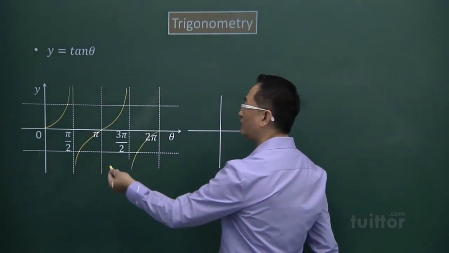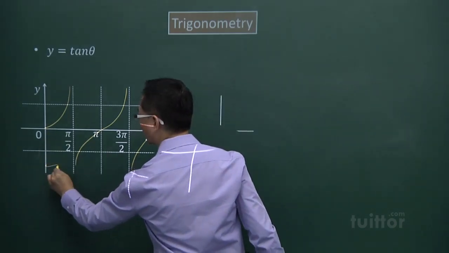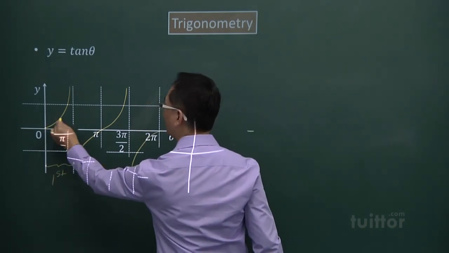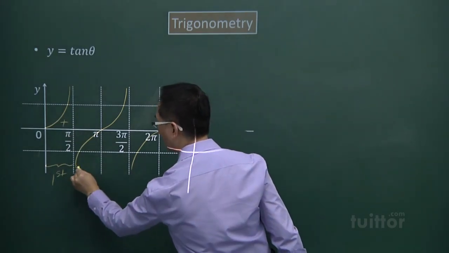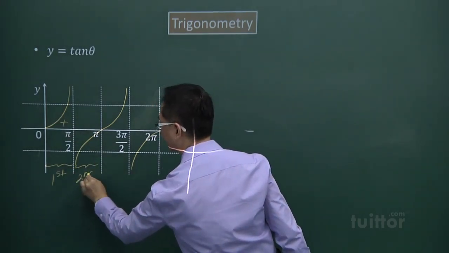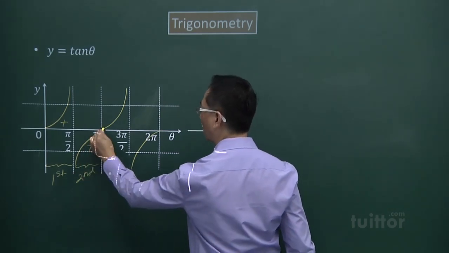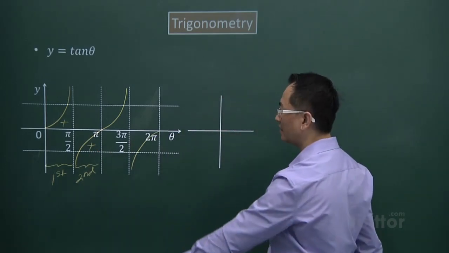But you can see from this graph, in the first quadrant, the y values are positive. In the second quadrant, the y values are negative because this part of the graph is below the theta axis.